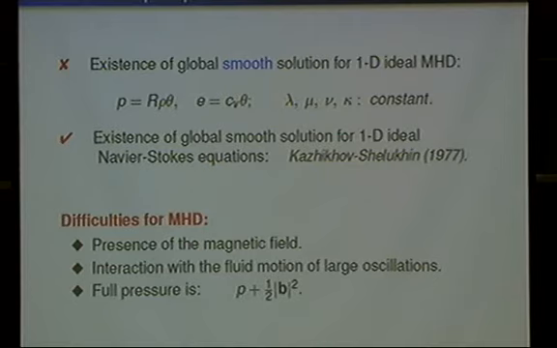Of course, the problem is, because of the magnetic field, especially in this 1D case, the pressure becomes that. Okay, so the B is like H. So it's like this. And even for the multi-dimensional case, you can also write the pressure as P plus this one. The B is H here.